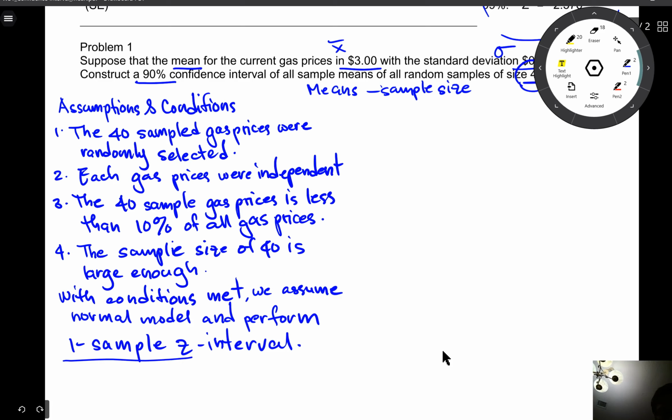Okay, so remember this. You are going to say we assume normal model, so that's the first one, and then we are going to perform one sample z interval.